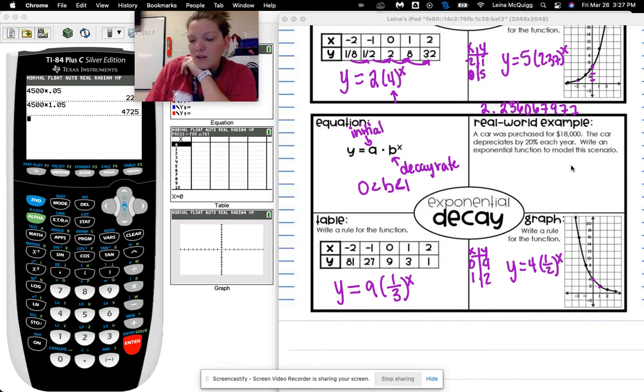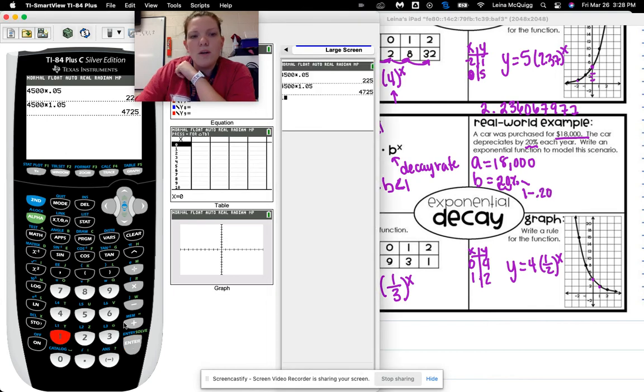So my A value, my starting price was $18,000 for this car. My rate, my depreciation rate, the rate at which the value is decreasing, or my decay, my B value is 20%. Okay, so remember, we want to take the initial value and we want to subtract off the 20%. So I want to do 1 minus, and we're going to convert this to a decimal, 0.20.